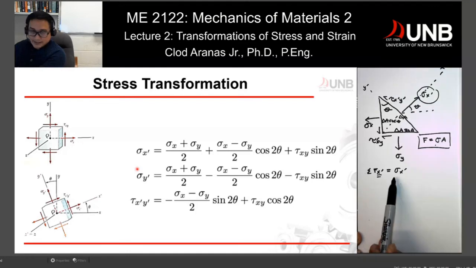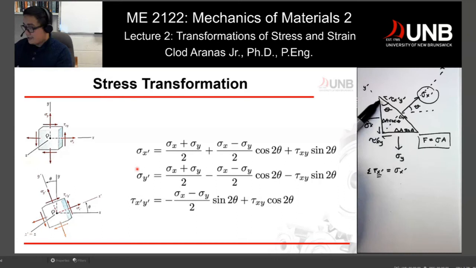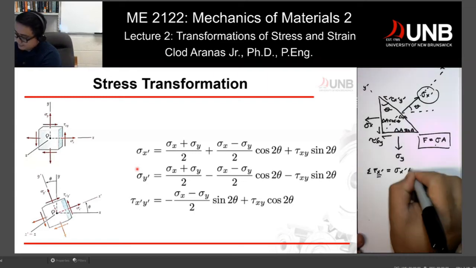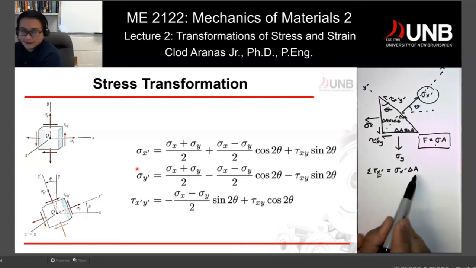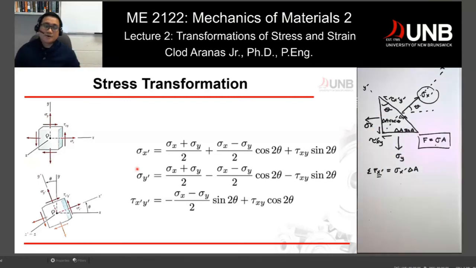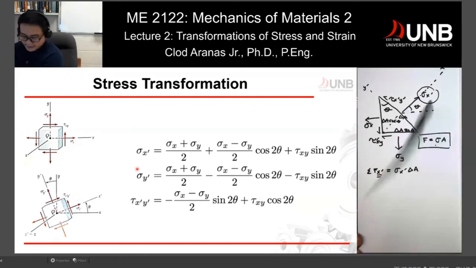Our sigma x prime is applied to this section here, which is our diagonal, and our diagonal has an area of delta A. So that's your stress applied to that specific area, associated with this sigma x prime. I'm just looking if I have a different color of marker. Next time I'm going to bring a different color so that you can see it properly.